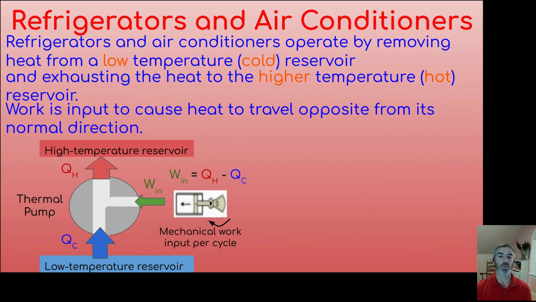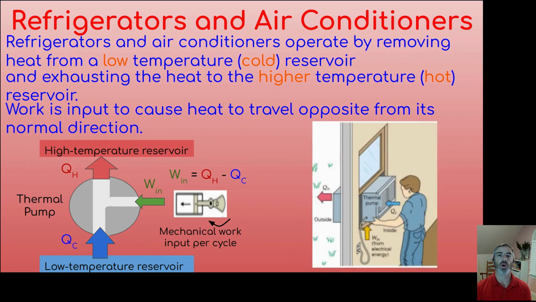So the work is equal to QH minus QC. And an example of this is kind of an old style window air conditioner where the plug where it's plugged in is what provides the work in, and the heat pump is in the air conditioning unit, causing the heat to be removed from the room and transferred to the outside. So the outside part of the air conditioner would be.